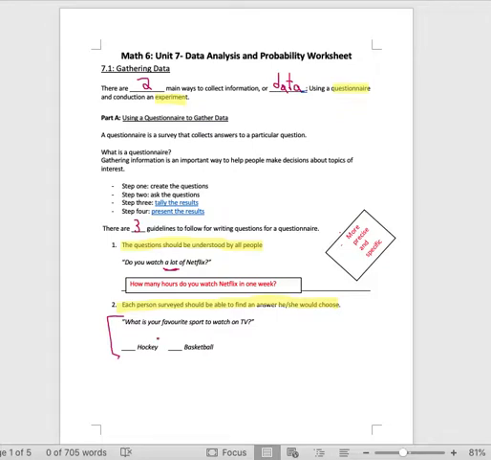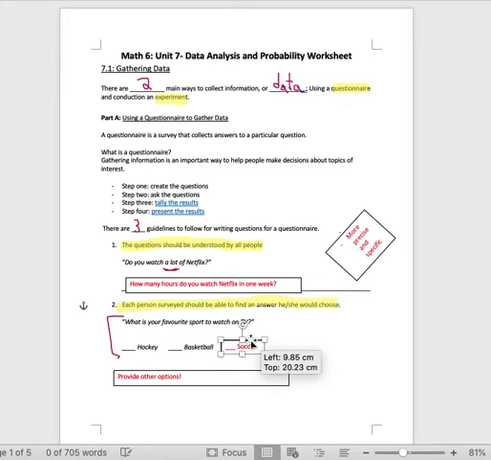Some people might be looking at that and say, well, I don't really watch any of these sports. So what you need to do is provide other options. Maybe you make one for soccer, or as you guys call it, football.